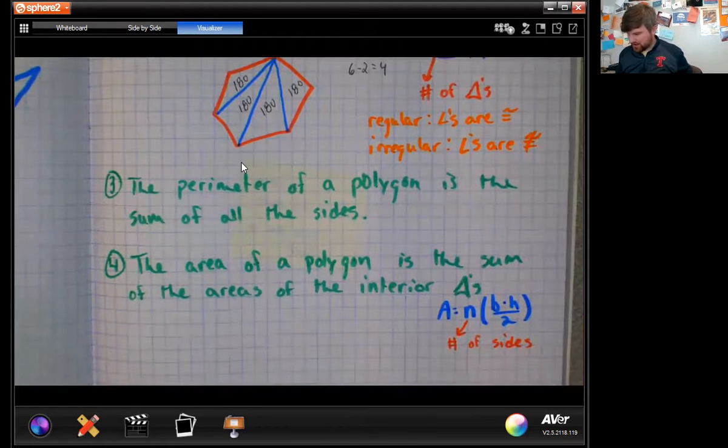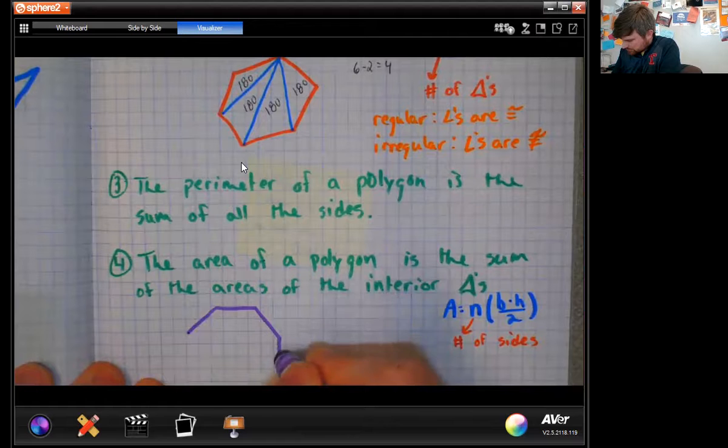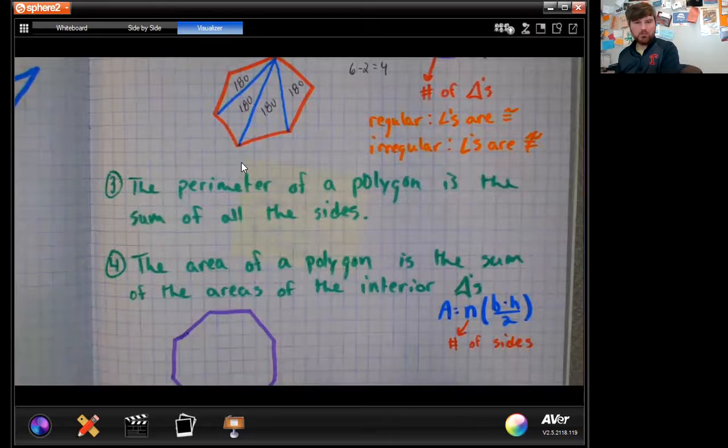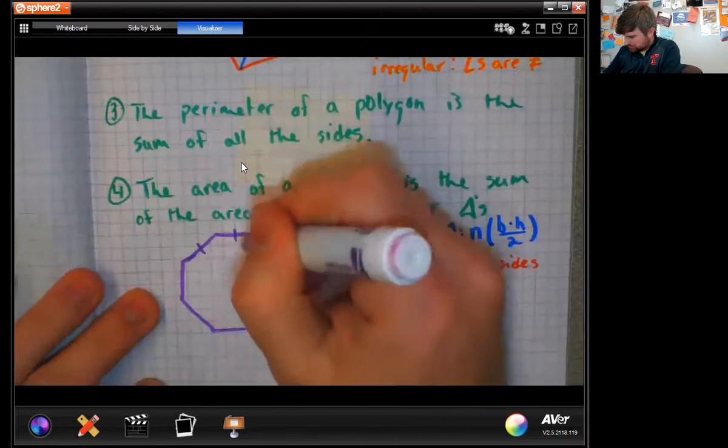Okay, so if I have a polygon here, and we're going to deal with regular polygons. Forgive me for not drawing a perfect octagon here. Okay, but we know all the sides are the same.